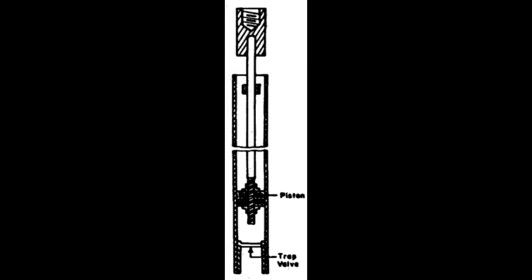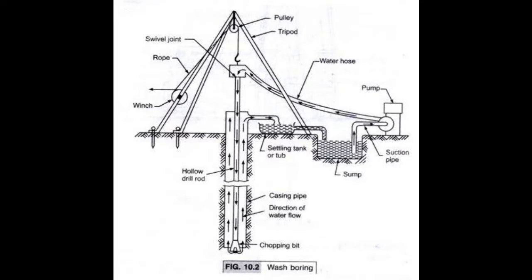The further type of the boring methods is wash boring. In this diagram you see there is this deep tube which has a pipe inside it, right? This method is used majorly for taking out the groundwater.